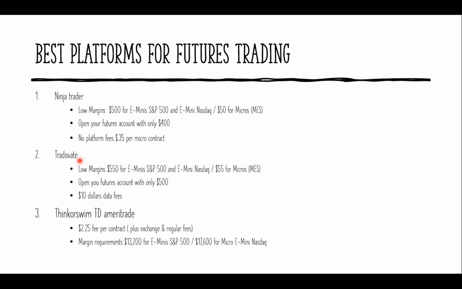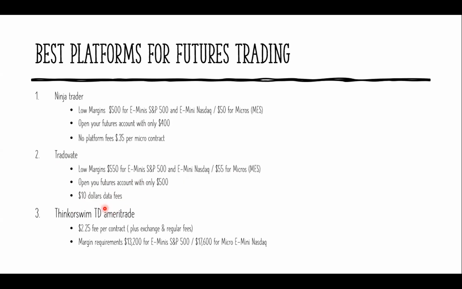Tradovate, they're both pretty much the same. I love to use Tradovate, it's a simple platform. They have low margins, $550 for the S&P and the NASDAQ, $55 for micros. You can open your futures account with only $500. They do have a $10 data fee, which, if everything's going good, will basically be covered with no problem.